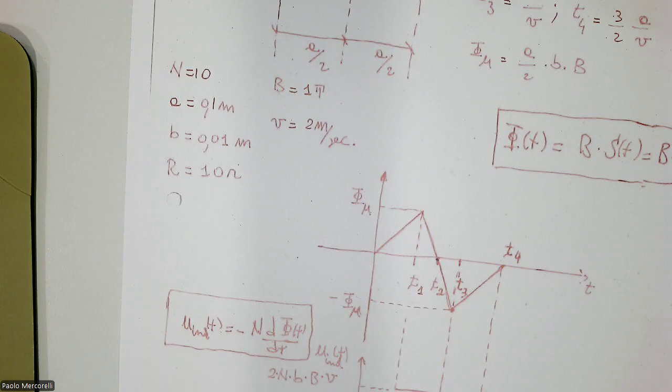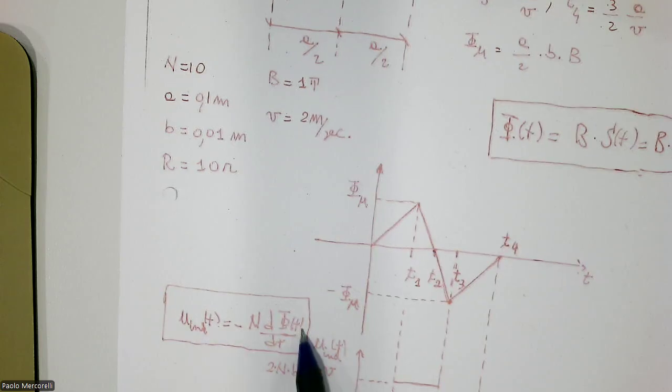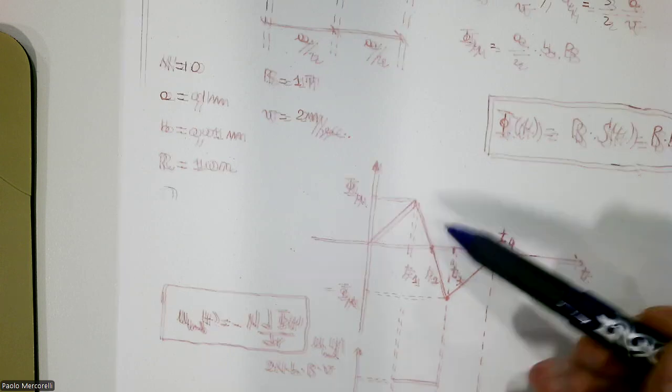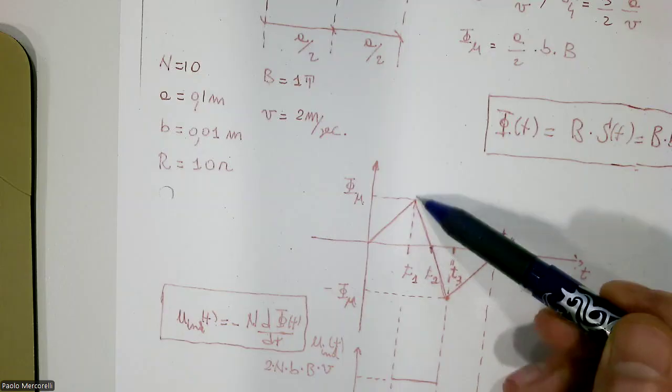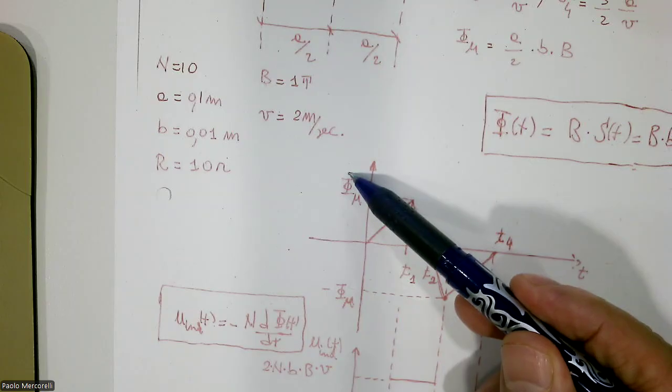It's enough. Why? Because we can see this induced voltage is minus n, the derivative of the flux with respect to the time. Of course, the derivative in this case is easy to do because in a linear system, the derivative is extremely easy. Practically, we can do it a little bit more precisely, but practically it means this distance, or this distance, V m.